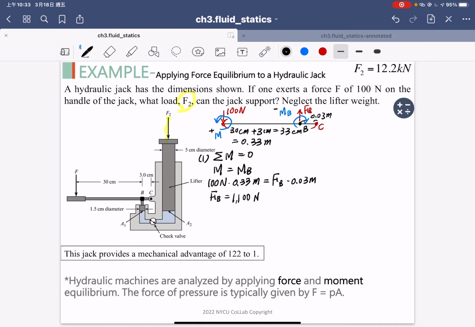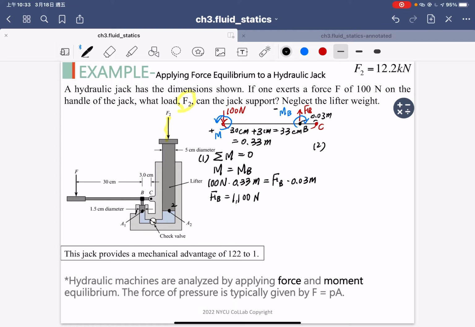Based on the Pascal formula, if you remember, we assume that at the point in here 2 and the point in here 1, the pressure is equal.